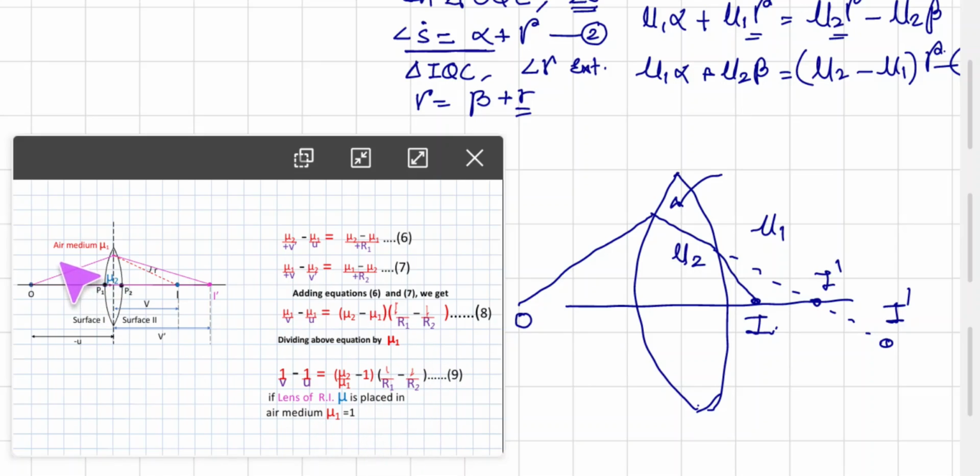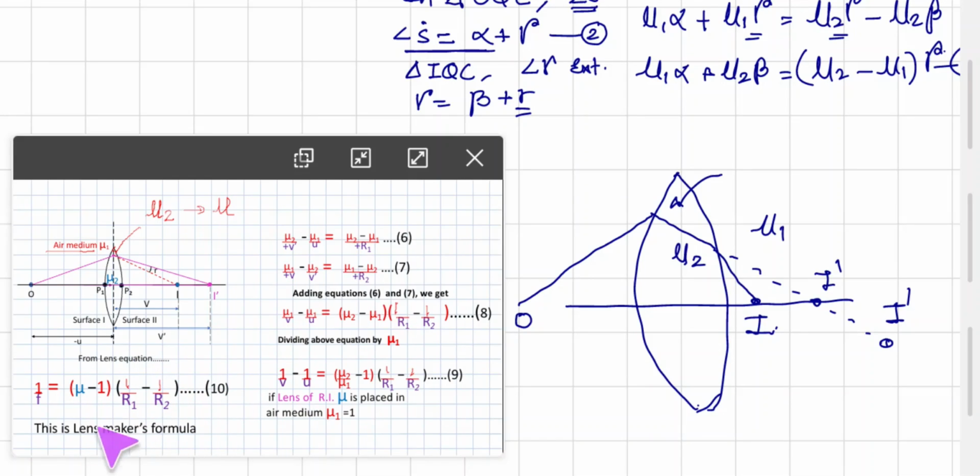So in short, this is the air medium, the lens refractive index we know is mu2, and let us consider this mu2 simply as mu, which is shown here. Then by putting this value from the lens equation, we know that 1 upon v minus 1 upon u is equal to 1 upon f. So 1 upon f is equal to mu minus 1 into 1 upon r1 minus 1 upon r2, and this is basically the lens maker's formula.